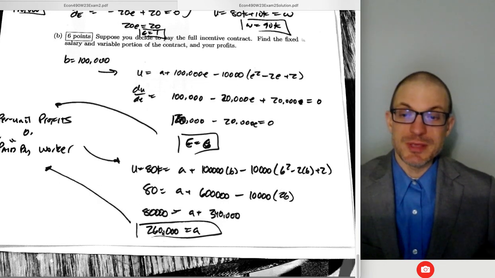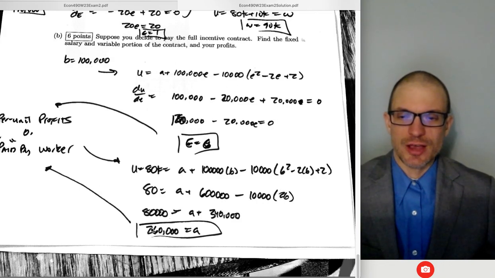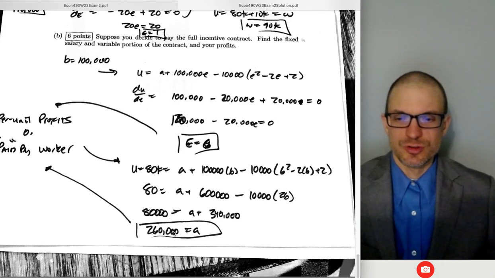So this then becomes our per unit profits. Maybe that's why I left this as 260,000. 260,000 was our per unit profits. In grading, I didn't pay a whole lot of attention to the sign. I was looking for the right values. So maybe you did exactly what I did here.